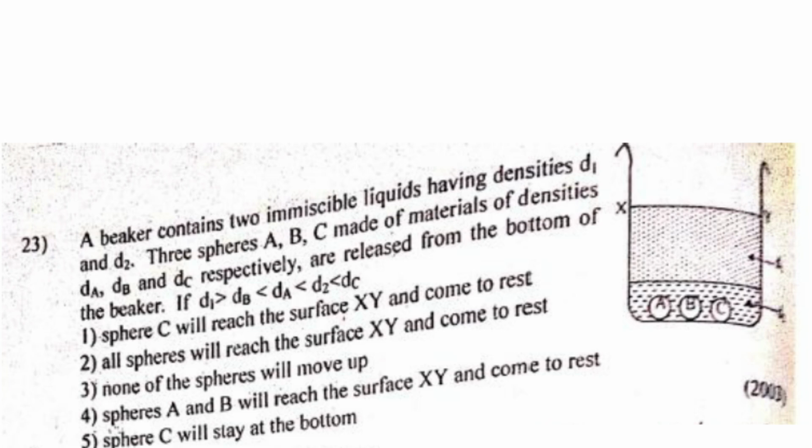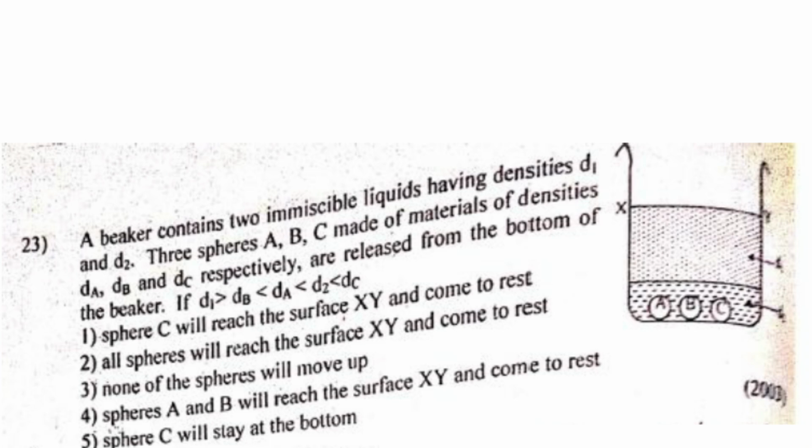Then 23. A beaker contains 2 immiscible liquids having densities d1 and d2. 3 spheres A, B, C of materials of densities dA, dB, dC respectively are released from the bottom of the beaker.